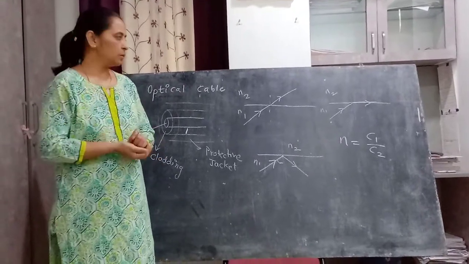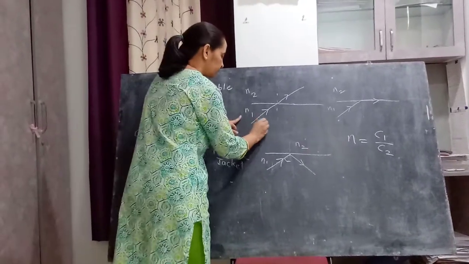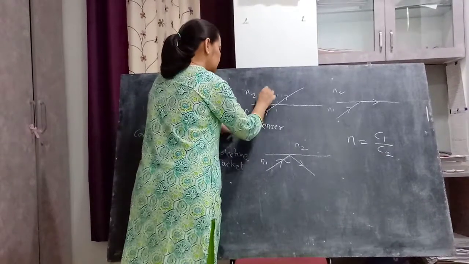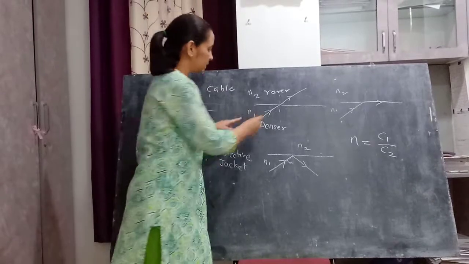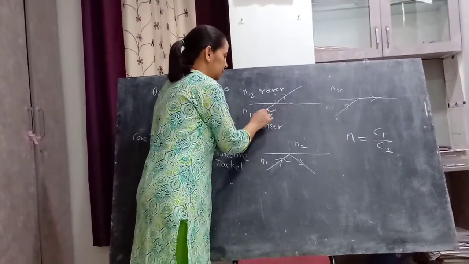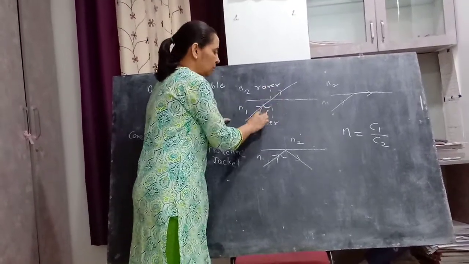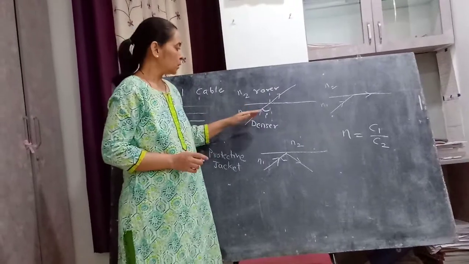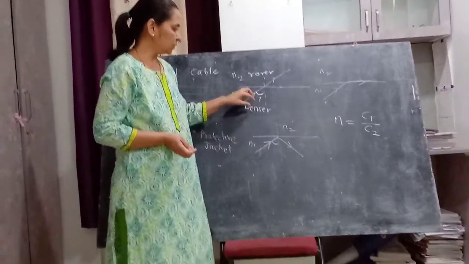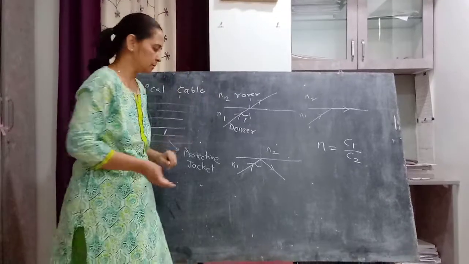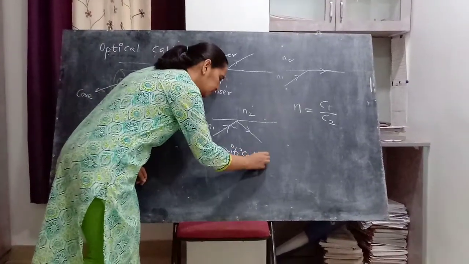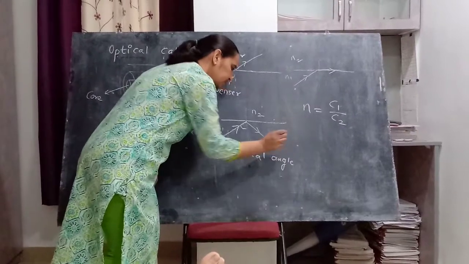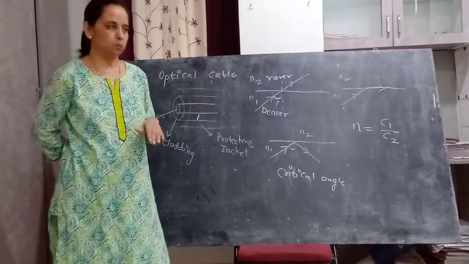Now when light travels from denser medium to rarer medium, the angle made by the incident ray with the normal is the incidence angle. There is one concept that is called the critical angle. Critical is a threshold value.